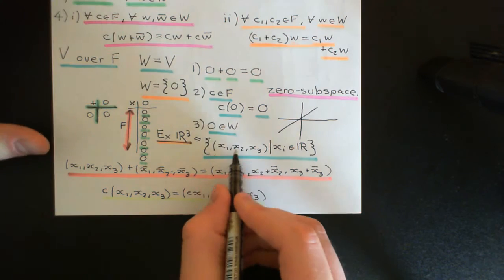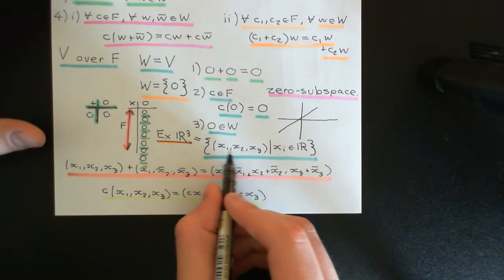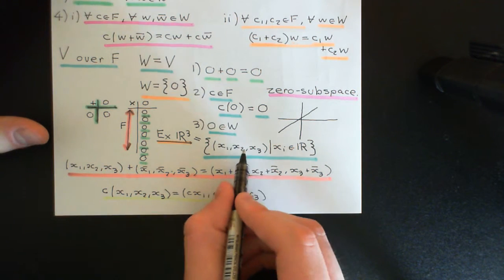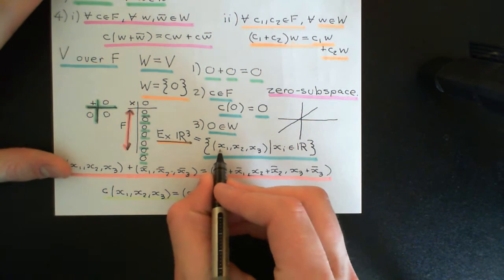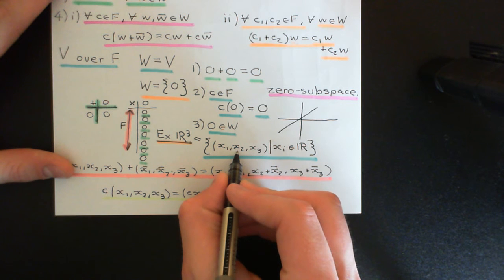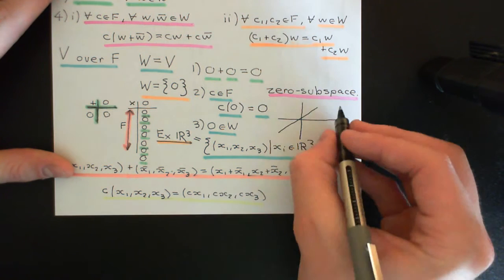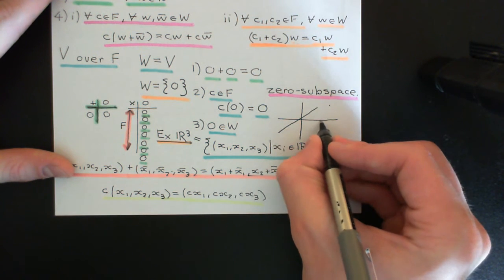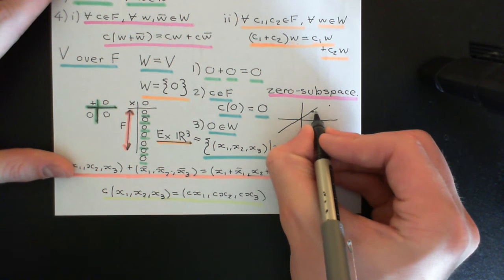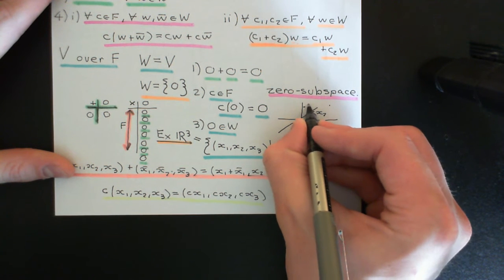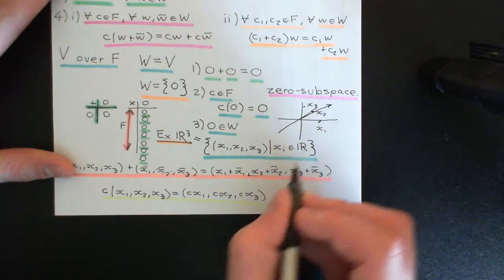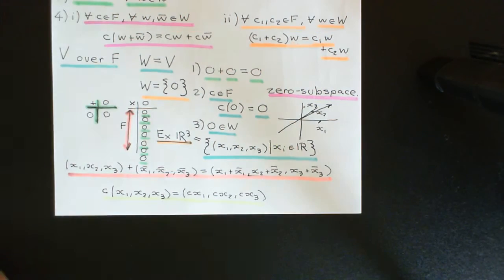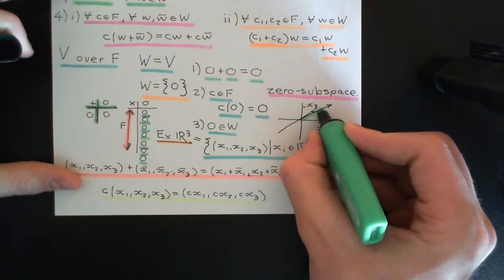So if you want to associate this vector x1, x2, x3 to a position vector in this grid, you let the x-coordinate be x1, the y-coordinate be x2, and the z-coordinate be x3. Let's say this is x1 here, this is x2 here, and this is x3 here, and then we'll have an arrow to that point up here, and that arrow is the thing that we are associating with this vector.